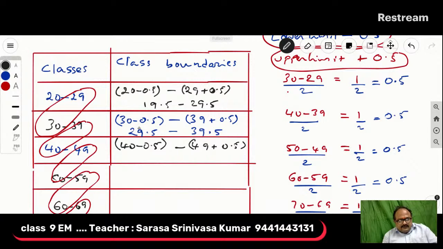So we should write the class boundaries as 39.5 to 49.5.